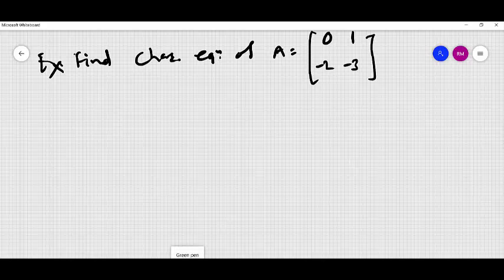Once we are able to solve this problem, we can also solve the problem of the characteristic equation of a matrix of size 3 by 3, of order 4, of order 5, of order n also. So let us start.